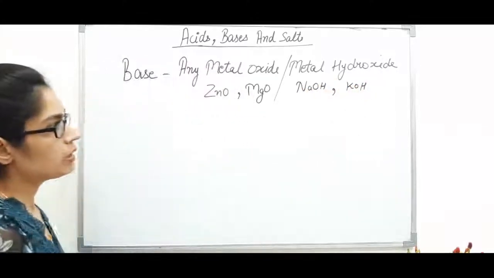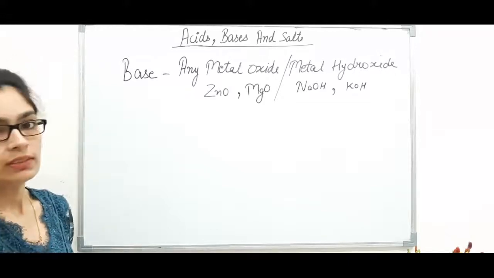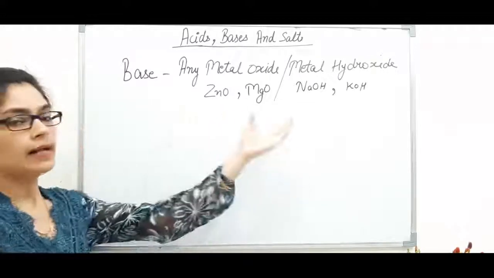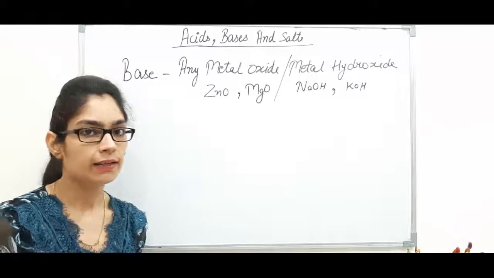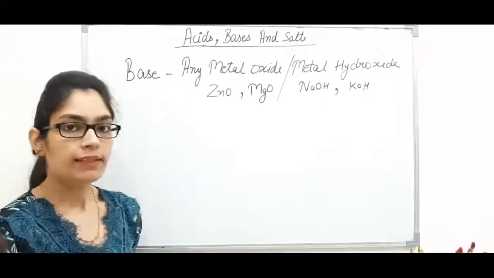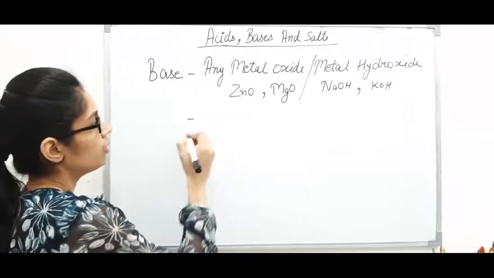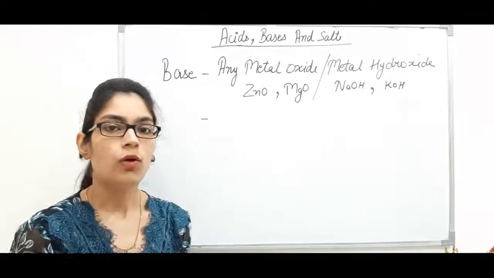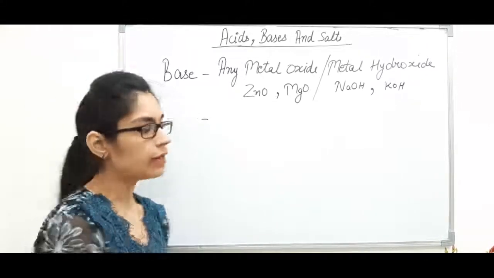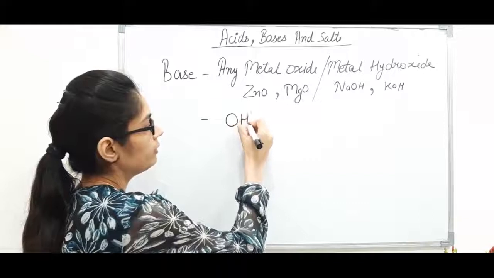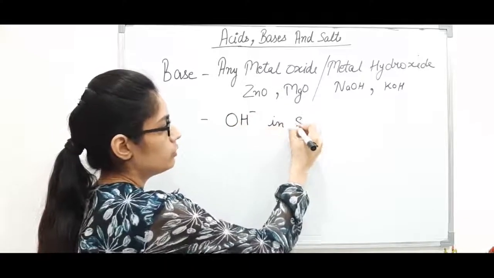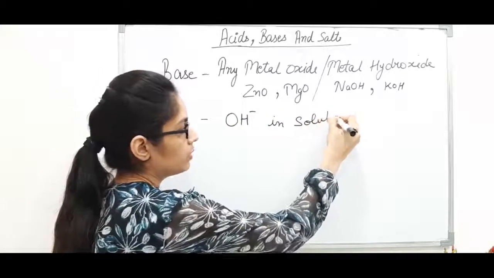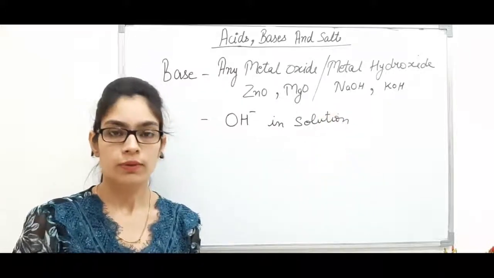Some students will say these are bases, and they are correct. But some will say any metal oxide or metal hydroxide which gives OH negative ions in solution is a base. That is also true.